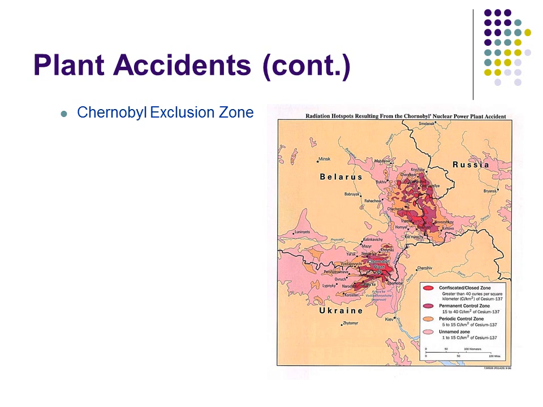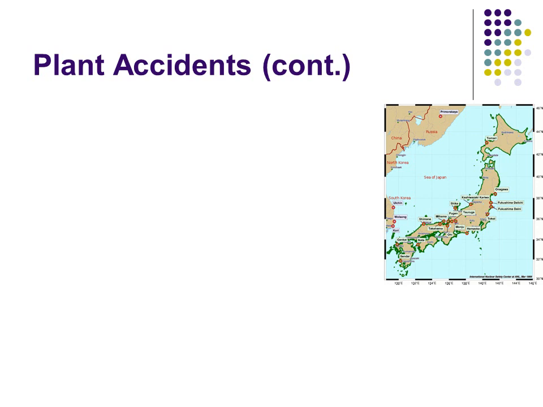The Chernobyl exclusion zone is huge because fuel rods have been just sprayed all over the surrounding area. There's high levels of radiation from some of these areas. So huge amounts of radiation released from Chernobyl. So this was a very bad plant accident from nuclear power.